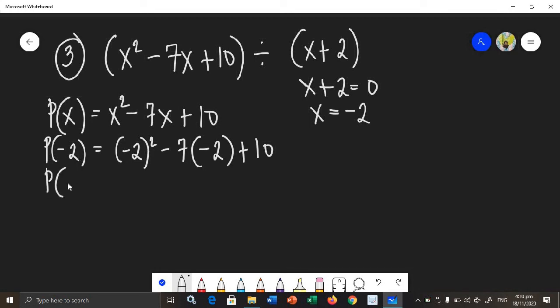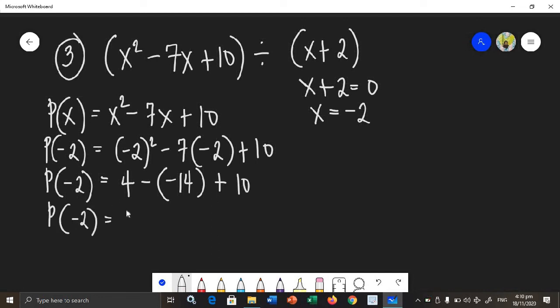Okay, and then p quantity negative 2 equals negative 2 squared. The answer here is 4. Okay, minus 7 times negative 2. The answer is negative 14. I am using parentheses to separate the operational symbol to the sign. Okay, so don't be confused with the parentheses always. So plus 10.